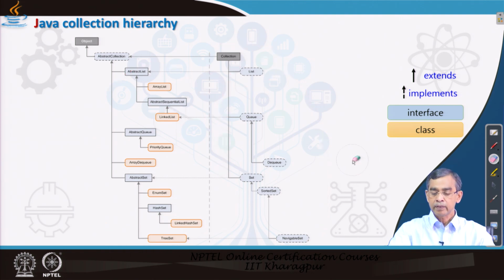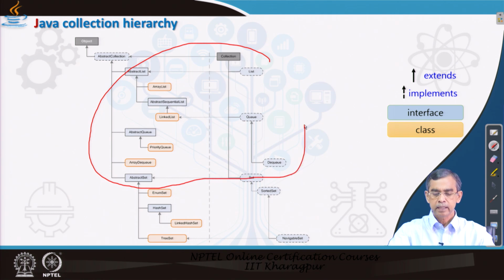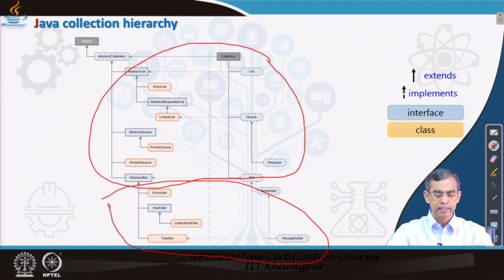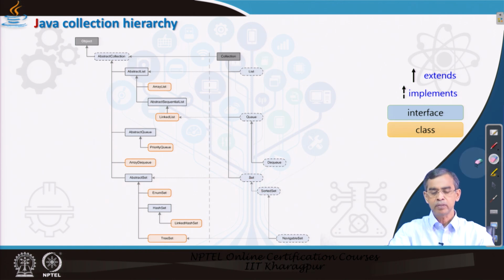In this lecture we will discuss all these things, and in the next lecture the next part will be discussed. So, these are basically called the collection framework. Today let us first discuss the collection framework, which includes a few interfaces in it.